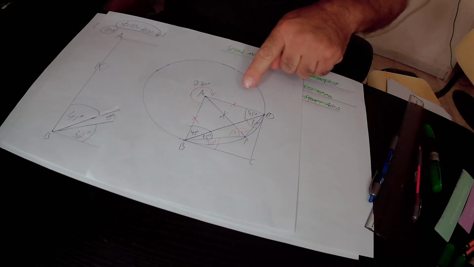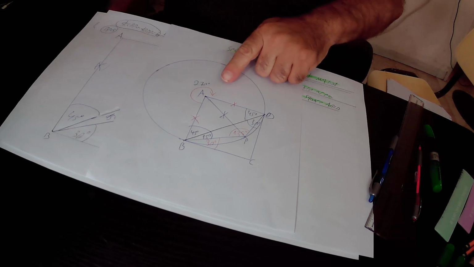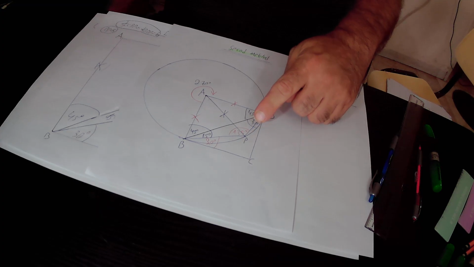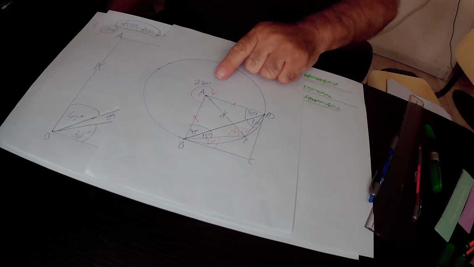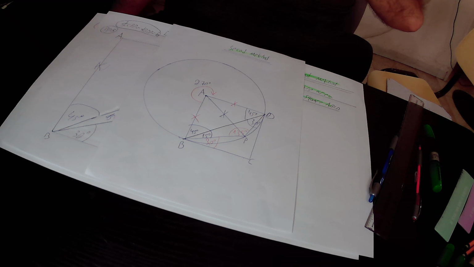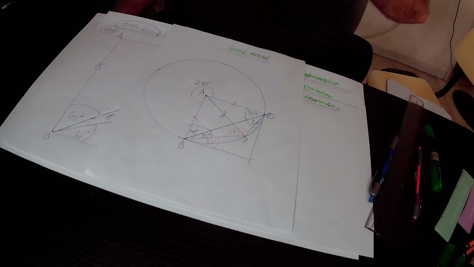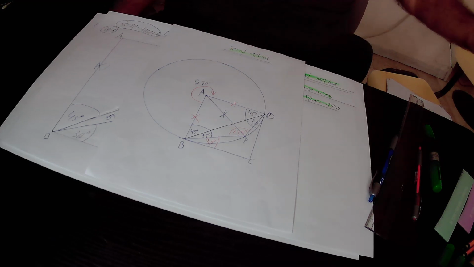The size of center angle DAB equals 270 degrees, which is twice as large as the size of this angle DBP subtended on chord DB. They are both subtended on the same chord, and the size of the center angle is twice as large as the size of angle DBP. So angle DBP obeys rule 13 because it is half of the center angle subtended on the same chord DB, therefore it must be a peripheral angle.